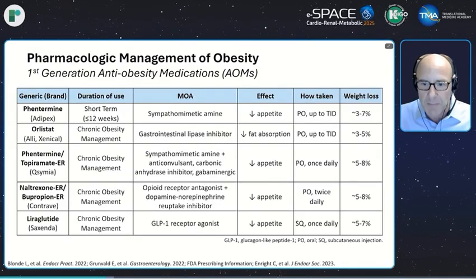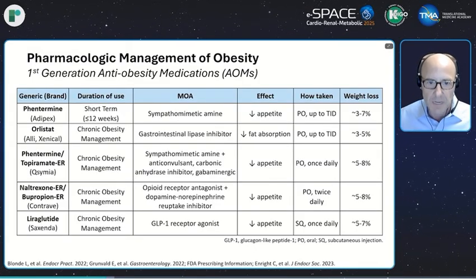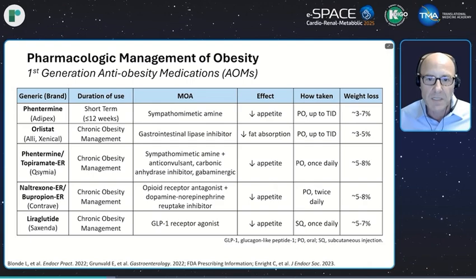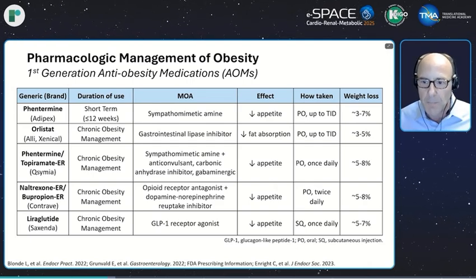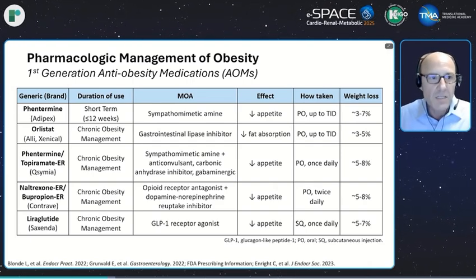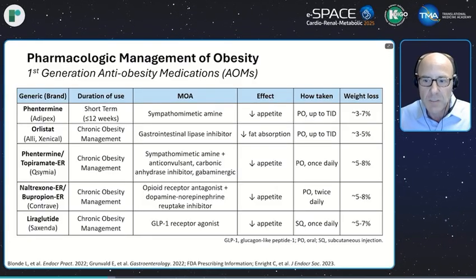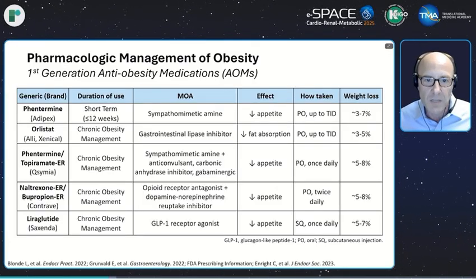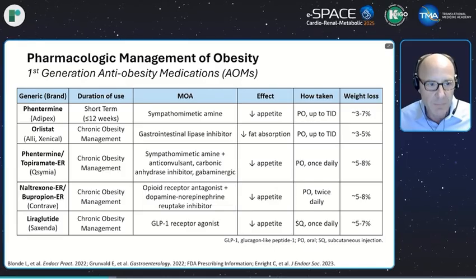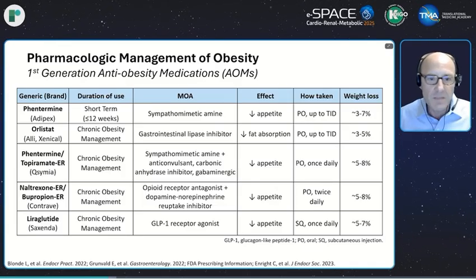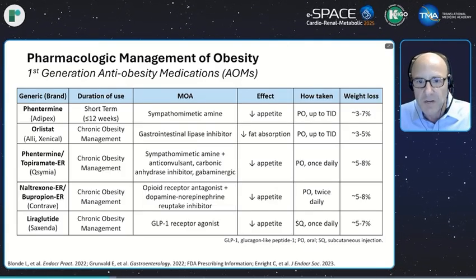So when it comes to weight management, even as a diabetologist or an endocrinologist, we always want to consider all medications that could be an advantage to our patients. And so this is just a list of the first generation anti-obesity medications where you're getting weight loss on the range of somewhere between 5 and 10%. And these medications have been very effective and very helpful.